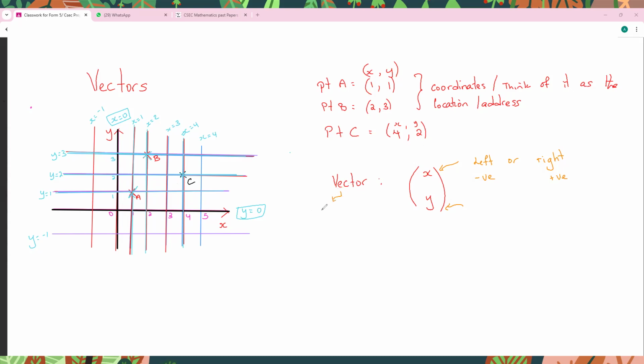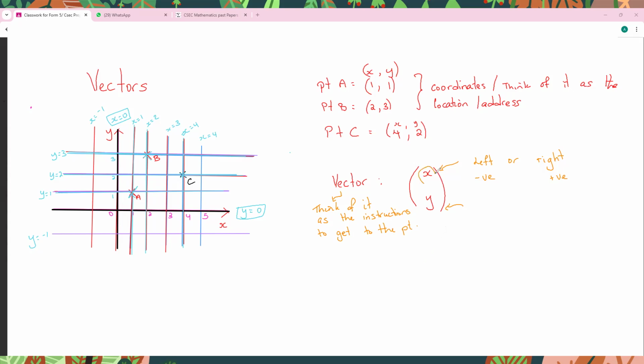So for the vector, think of it as the instructions to get to the point.